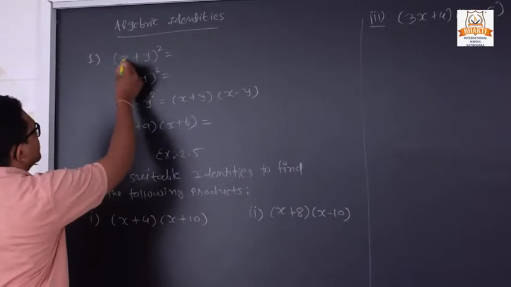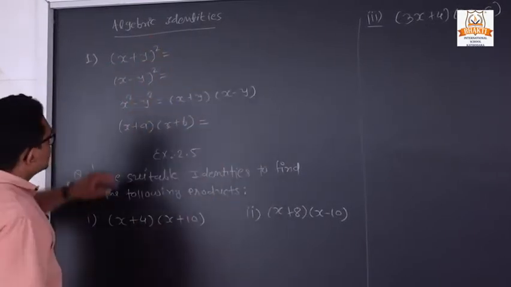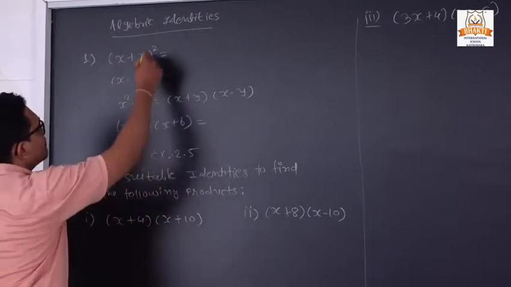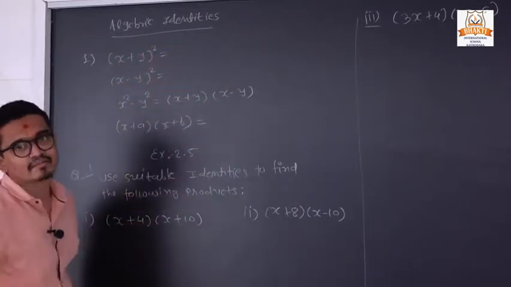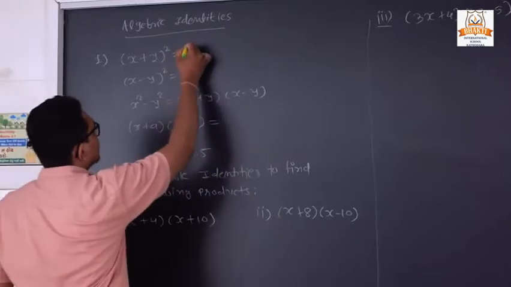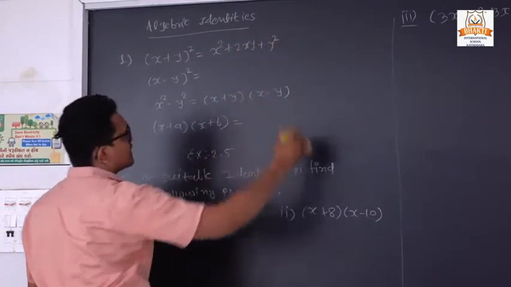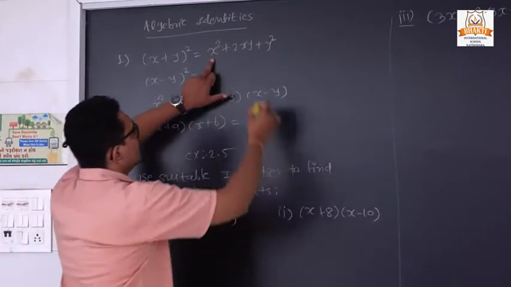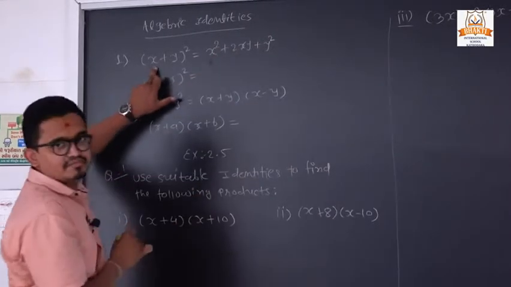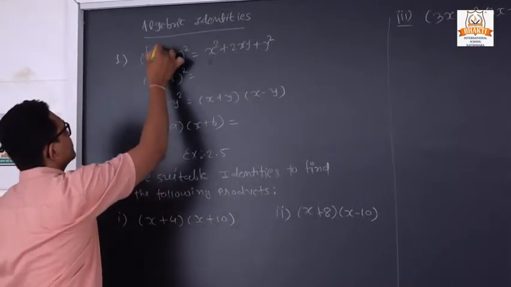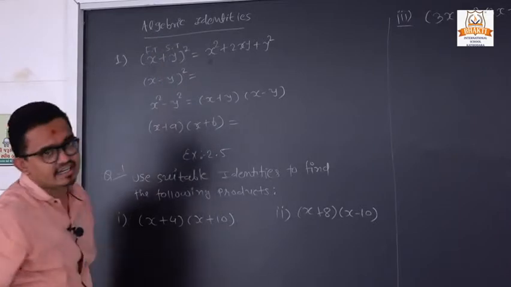First, (x plus y) all square. Here the bracket is raised to all square. We can write it as x square plus 2xy plus y square. Here x is our first term and y is our second term.